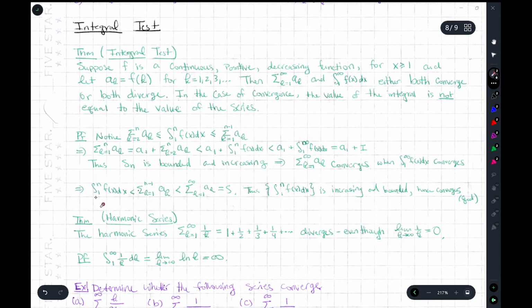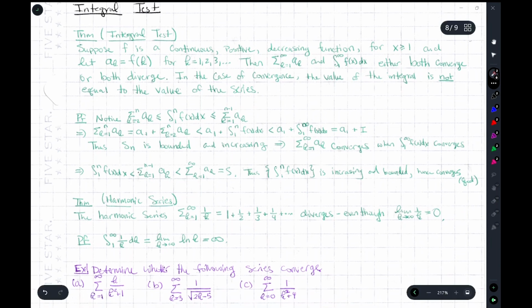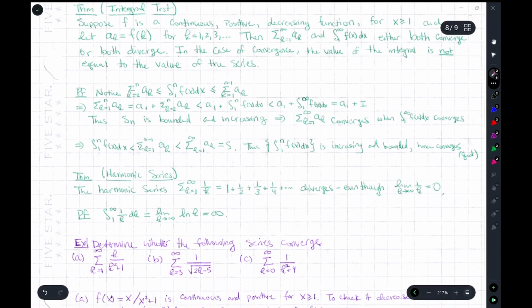On the other hand, if you have that the infinite series converges, then the sequence here is increasing and bounded, and hence converges. And it's important that these were positive and decreasing for this proof to work out, okay?